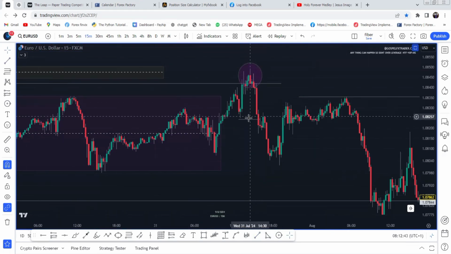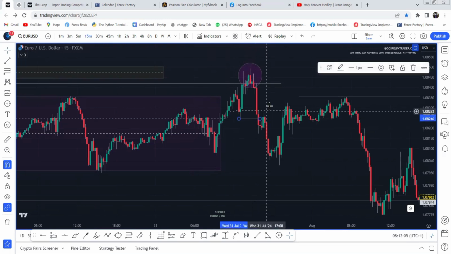And once you have this valid break of structure, you can also confirm your liquidity purge in cases like this, when the market is forming a pattern, because here it's forming an AMD pattern. You can confirm your liquidity purge when price gives you a real break of structure in the direction where you're expecting the distribution.